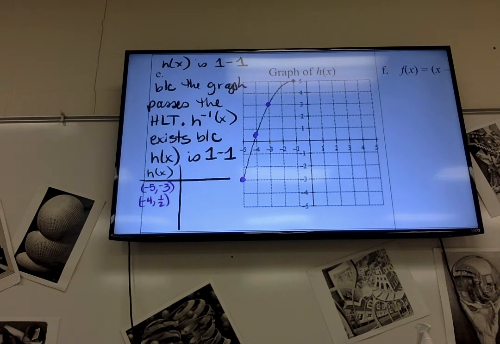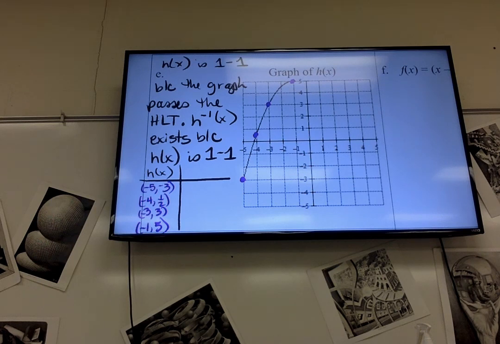This next point is -3, 3. And this last point here is -1, 5. So see if it's 1 to 1, which, in case you didn't watch the video yesterday, just means that none of the x's repeat and none of the y's repeat. That's what makes it 1 to 1.